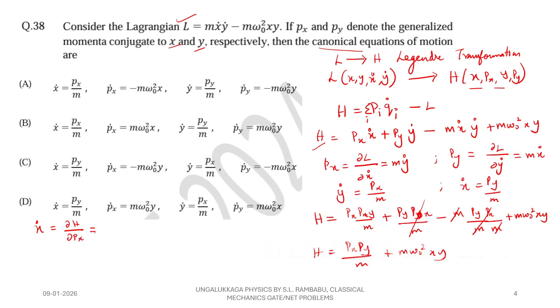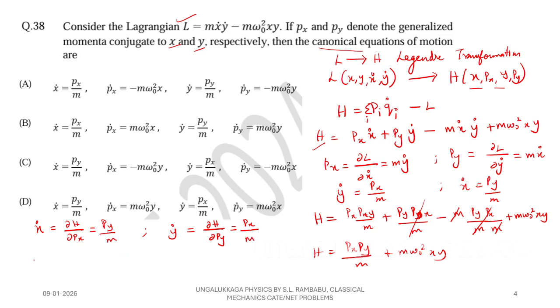Differentiating H with respect to px, we get py by m. Then y dot is equal to dou H by dou py, which is px by m.